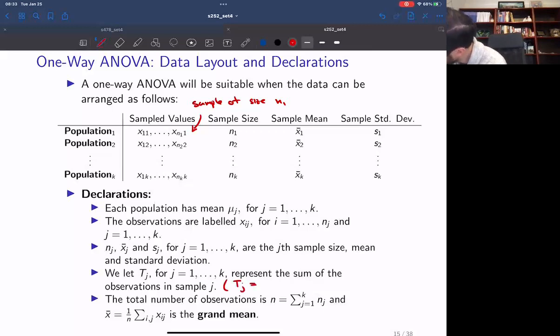TJ is equal to the sum from I equals 1 to little nj of x I j.